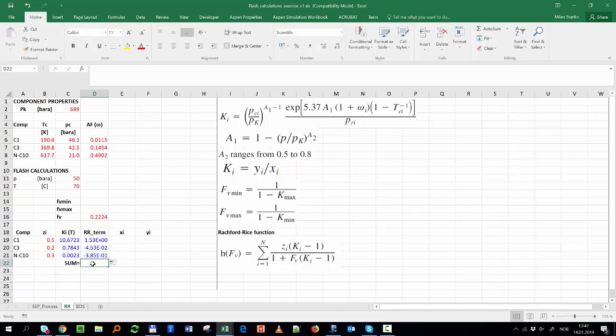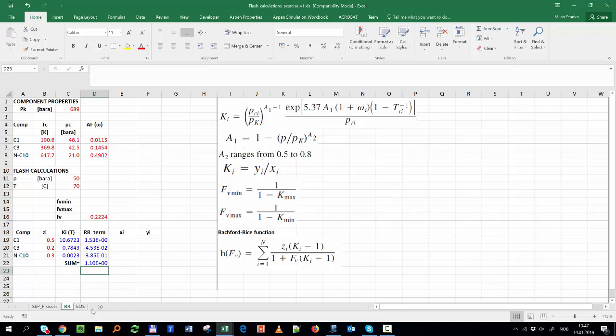And at the end the sum should be 0. That's what Rachford Rice requires, for the sum to be 0. That's it, right? Simple. Easy peasy.